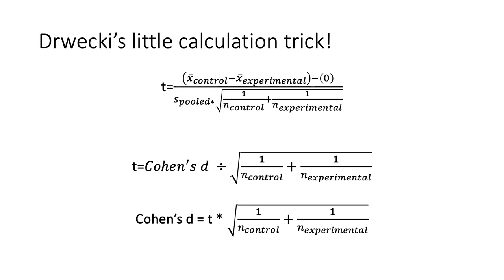This is how you're going to start figuring out, when you're reading articles, if the t statistic matters, if it was a strong effect. So it's just a fun little calculation trick. Also, it's really easy to calculate your t statistic: Cohen's d divided by the correction factor. You already know how to get Cohen's d. So there you go.